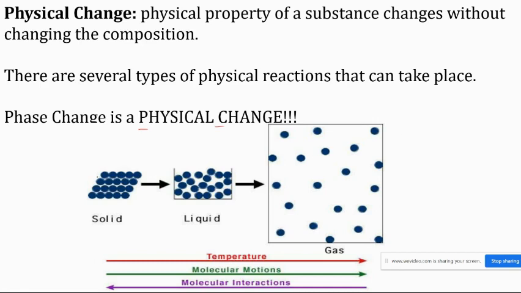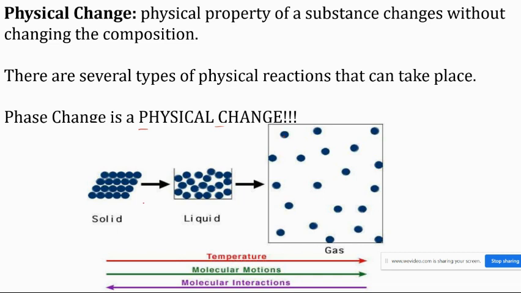So ice, you're going to have very strong intermolecular forces. Liquid, you're going to have weaker, and gas, if it's an ideal gas, doesn't have any at all. It's the strengthening of those IMFs that changes these phases, but you have not changed the makeup of that material in any way, shape, or form.